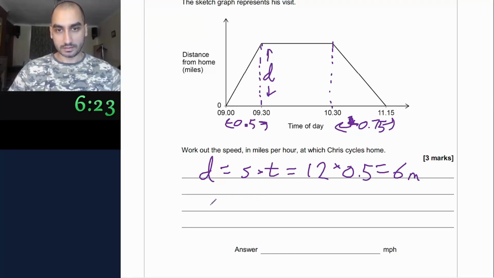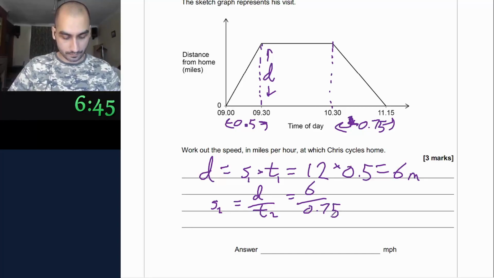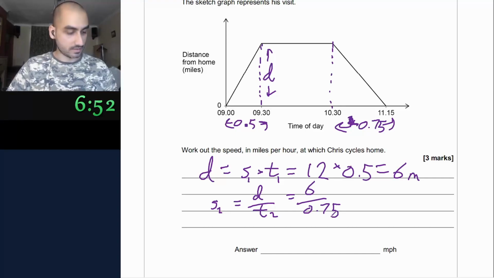So then let's say S1, S2 equals distance divided by time, so D over T2 equals 6 over 0.75. Oh, I don't need a calculator for this. Of course it's 8. Equals 8.